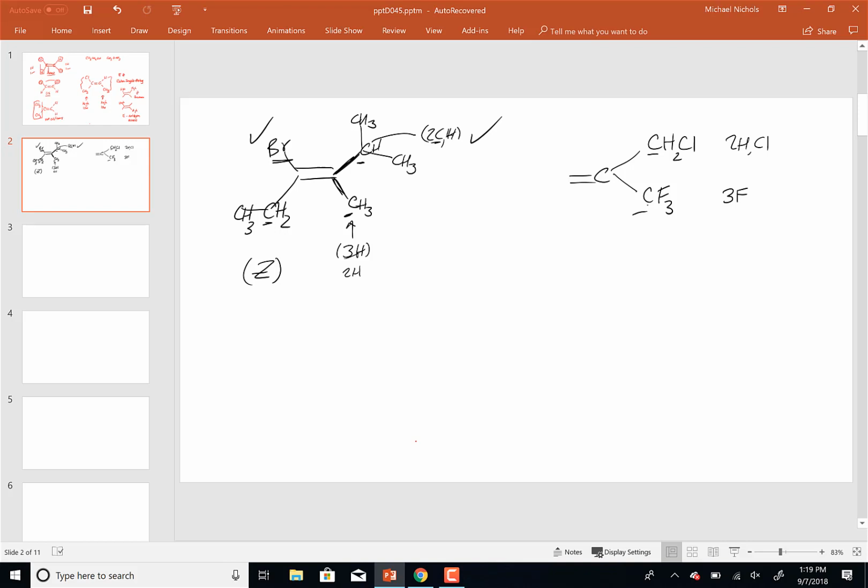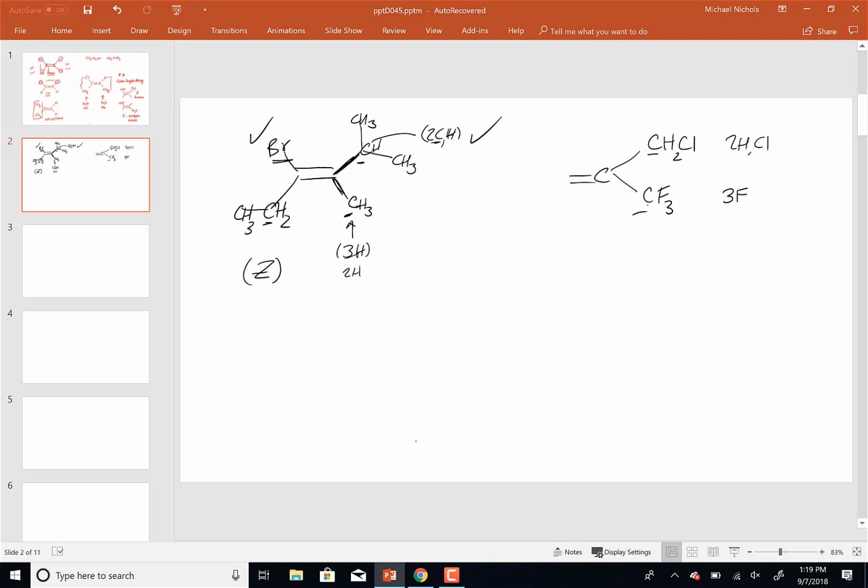I doubt this is something we're ever going to encounter in this class, but what if it's two of the same element and they're different isotopes? Then the rule is that the higher atomic mass wins.